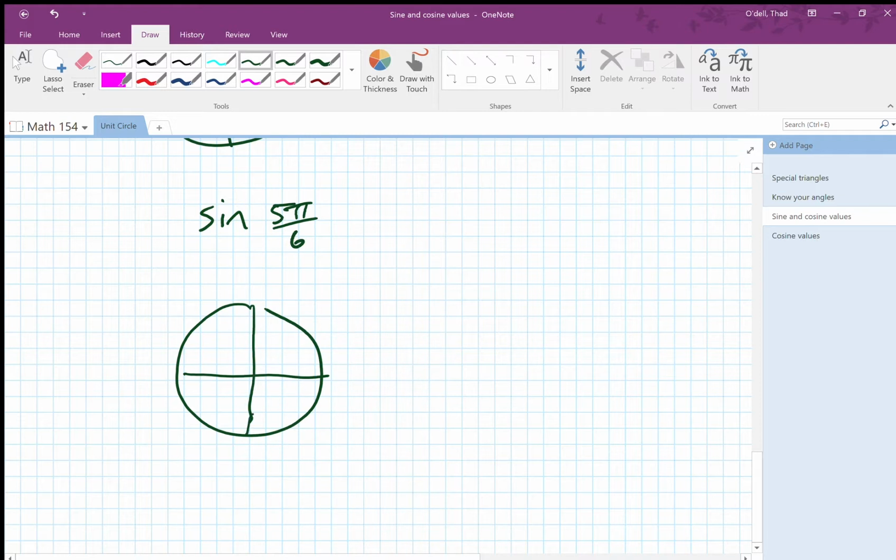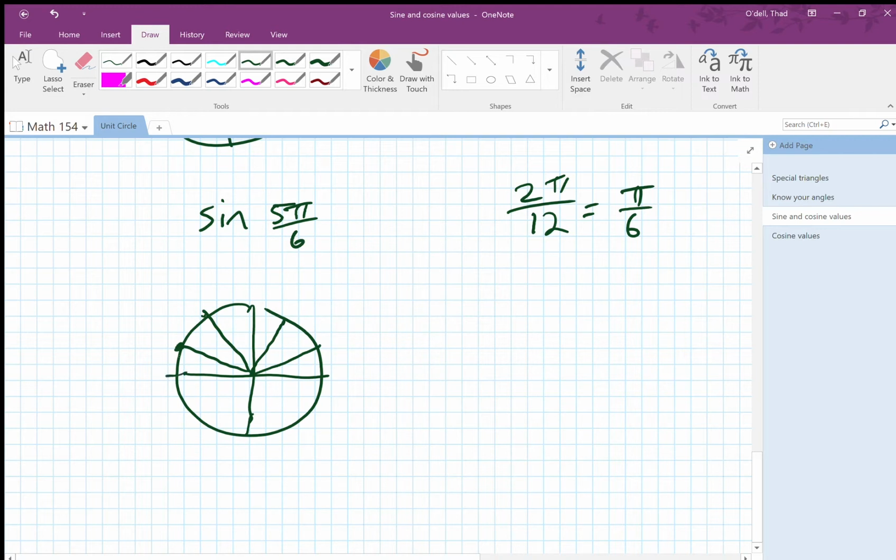So for 5 pi over 6, we know that each quadrant is divided into 3 pi over 6s, because 2 pi divided by 12 is equal to pi over 6. And so really I'm just counting my way as we talked about in the other video. So this would be 1 pi over 6, 2 pi over 6, 3 pi over 6, 4 pi over 6, 5 pi over 6 is right there.